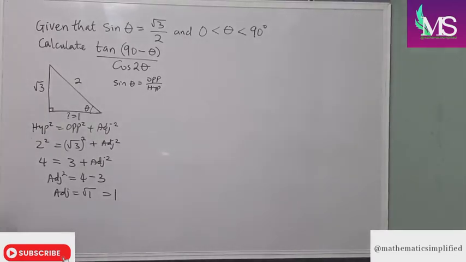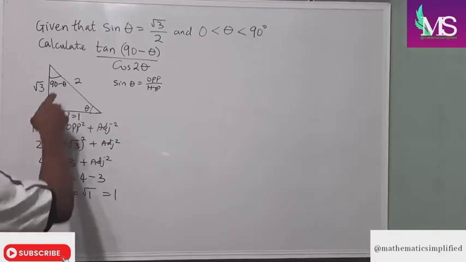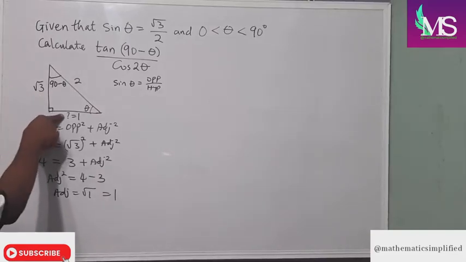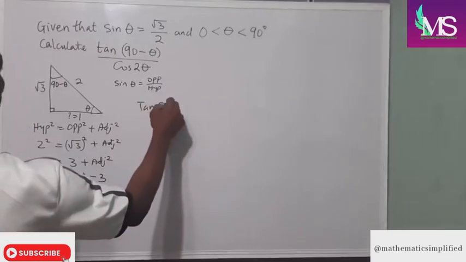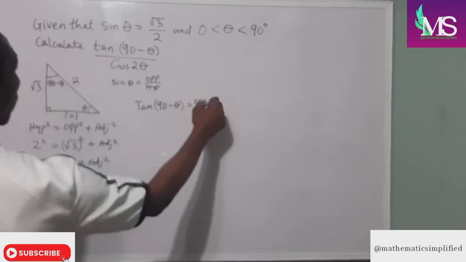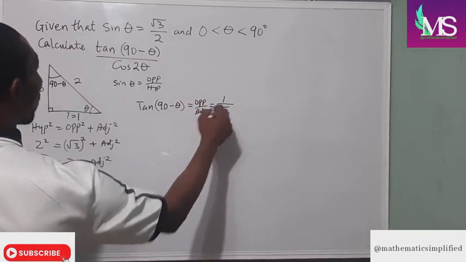Now back to our question that says tan 90 minus theta. This is 90 minus theta. Now, if we consider this angle, our adjacent will become root 3 and our opposite will become 1. So our tan 90 minus theta, considering this angle, will become opposite over adjacent, where our opposite is 1 and adjacent is root 3.